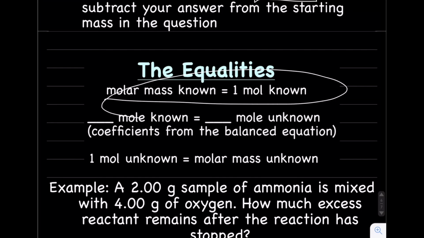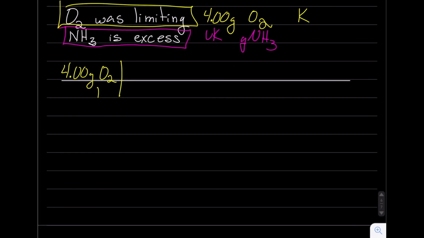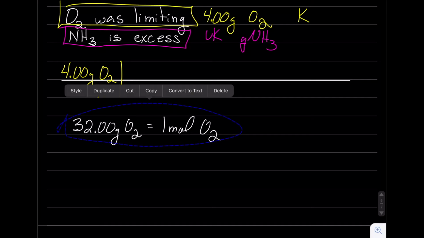Molar mass of known equals 1 mole of known. So molar mass of O2, 16 plus 16 is 32.00 grams O2 equals 1 mole O2. And I forgot this was supposed to be yellow. Let's change that real quick.